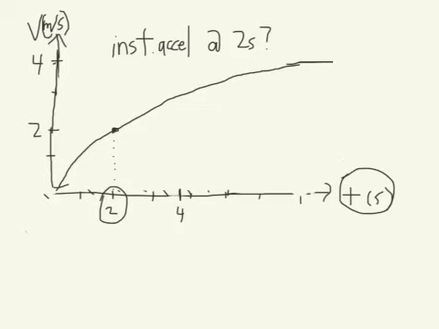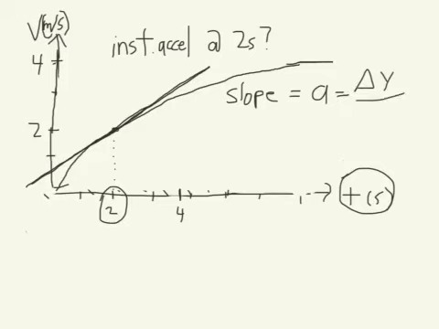What we do is we write a tangent line through that graph, or through the point on the graph there. So this line should only go through that one point on the graph and no other points. And the slope of that tangent line should be the acceleration. And here's a little refresher for how to find the slope of a line. The slope is the rise over the run.